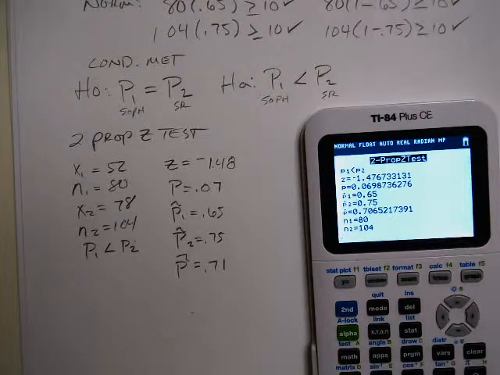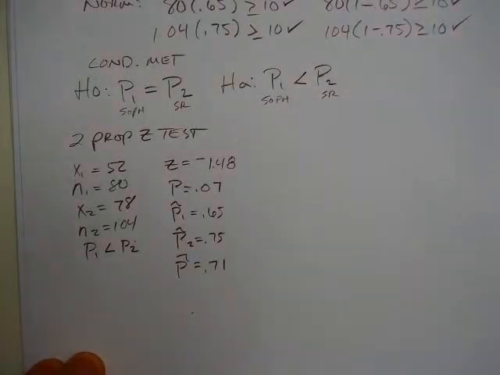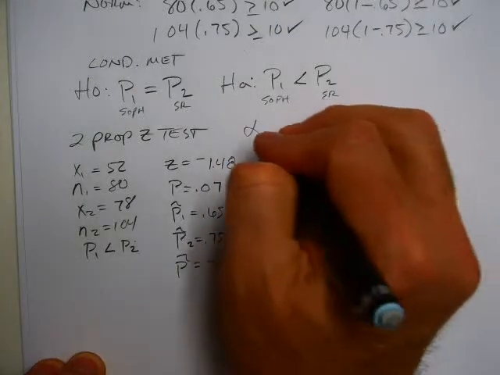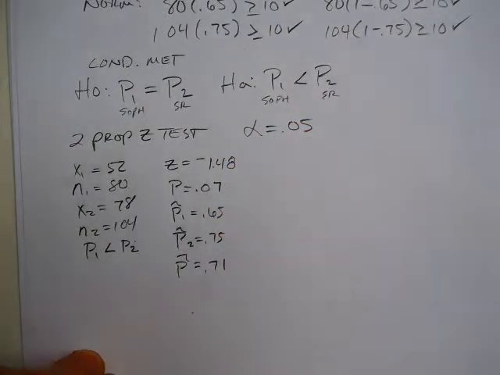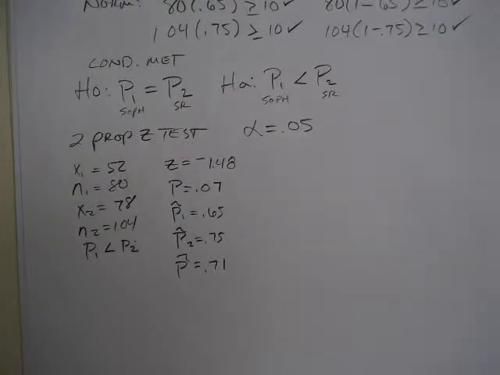All right, now one other thing. Oh, they did give us alpha 0.05. So, if alpha is 0.05, I'm comparing my p-value to alpha. Do I reject or fail to reject? Yeah. Do we have to write out all of the variables that we put in like on the AP test or something? I would.